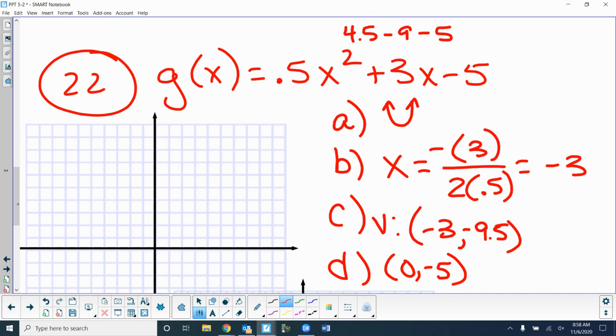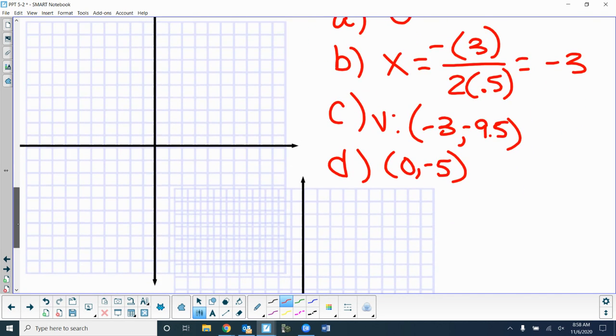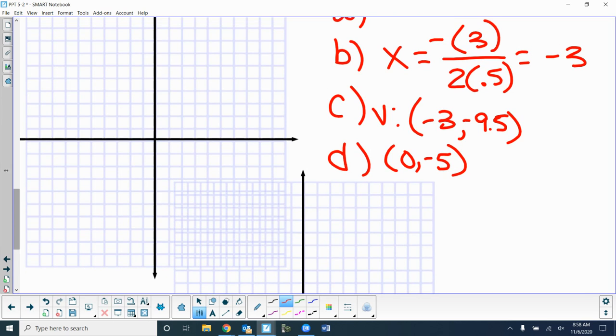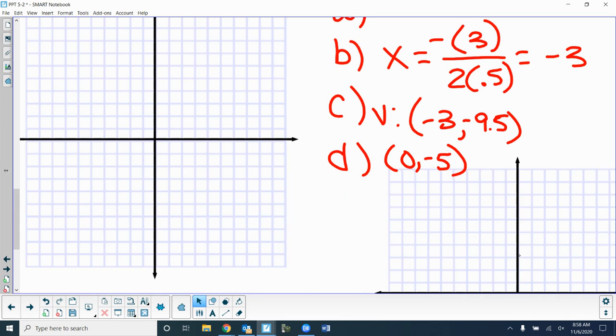Okay, so then I'm going to graph it. All right, so my axis of symmetry is x equals -3. Let's move this over so that it doesn't get messy. -3. 1, 2, 3. So there's my axis of symmetry, a vertical line through -3.